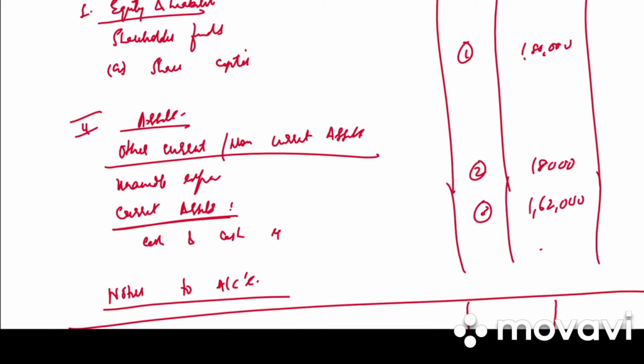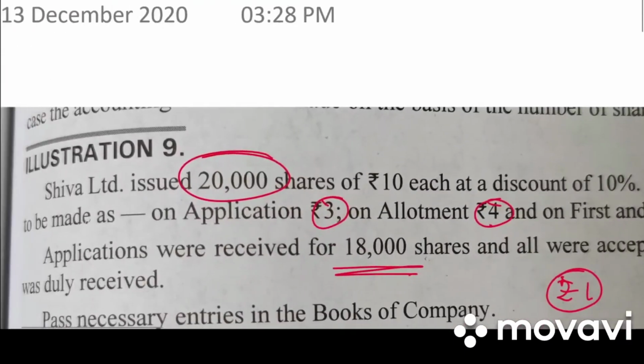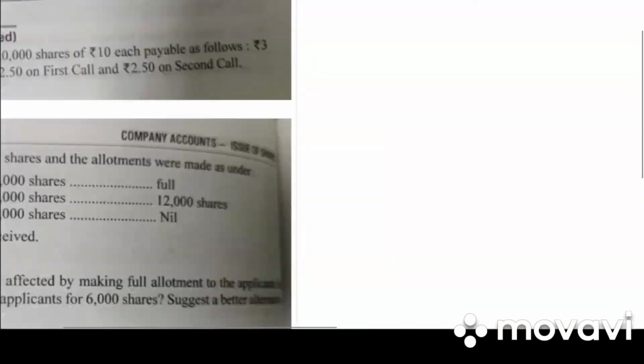So what is the total? 1,80,000, and the liability total is also 1,80,000. Clear? So this is how you work out a problem when there is undersubscription. Whatever is the subscribed capital, that we take and write as application, allotment and first and final call.